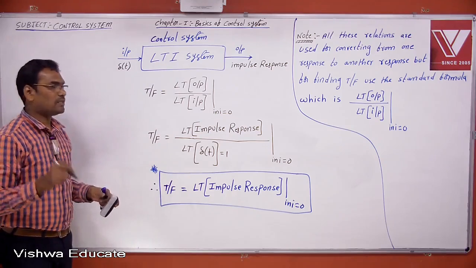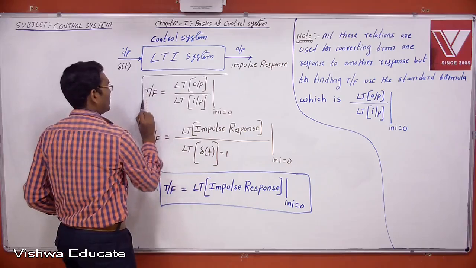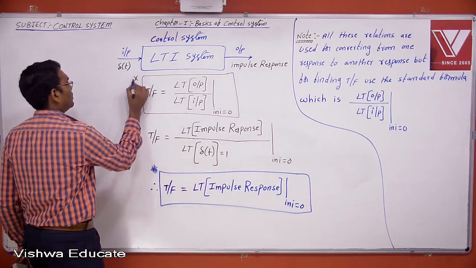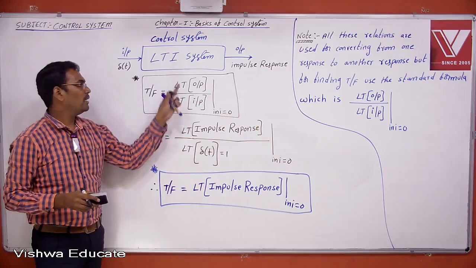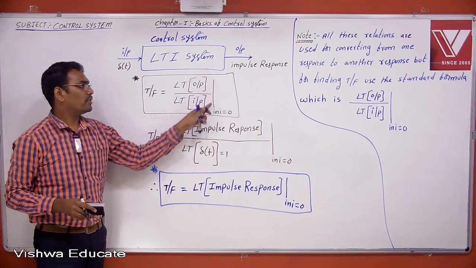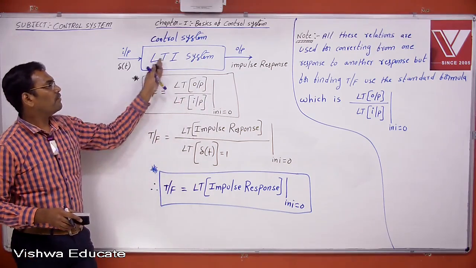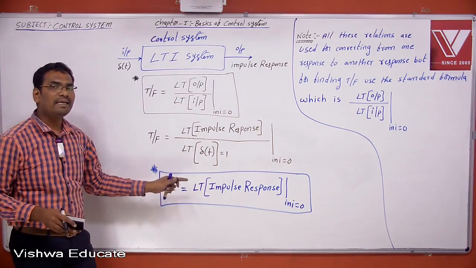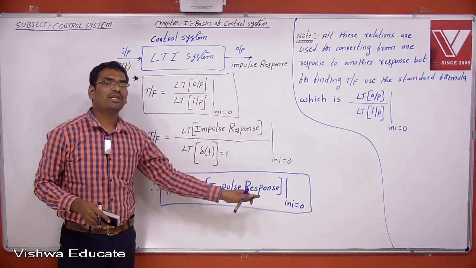There are two definitions of the transfer function. This is the standard definition: the transfer function of a linear time invariant system is defined as the Laplace transformation of output to the Laplace transformation of input with all initial conditions equal to 0. From that, we have another definition: the transfer function of a linear time invariant system is the Laplace transformation of impulse response with all initial conditions equal to 0.